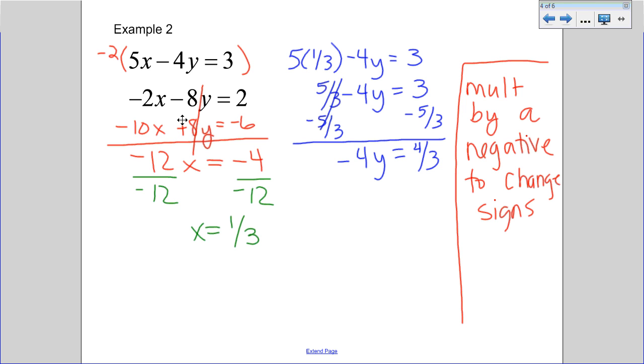I'm doing a lot of quick writing, ladies and gentlemen. We all know to subtract here. If you can't subtract that quickly in your head, is that okay for right now? If you can't, then use your calculator. But 3 minus 5/3 is 4/3. Why do I do all that? How else are you going to solve for y?